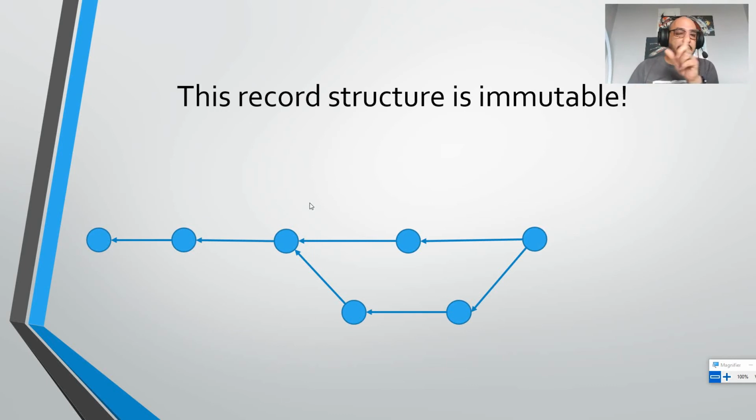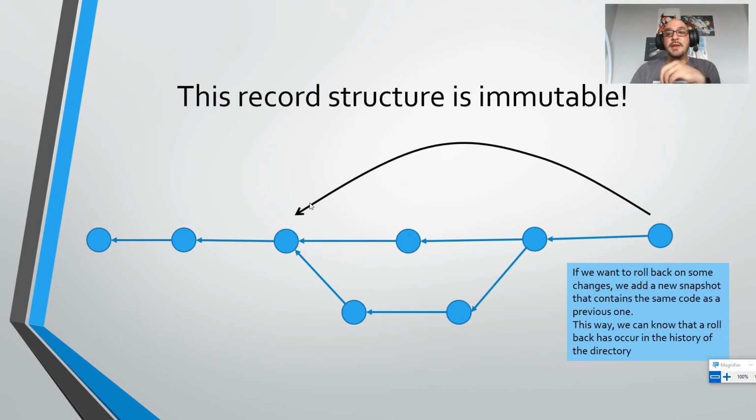So that doesn't mean that we cannot roll back in time. If I want to roll back to a previous version, all I need to do is add a new entry to the tree structure that is exactly the same as a previous state. As you can see, that's not getting rid of all these features that happened in here.